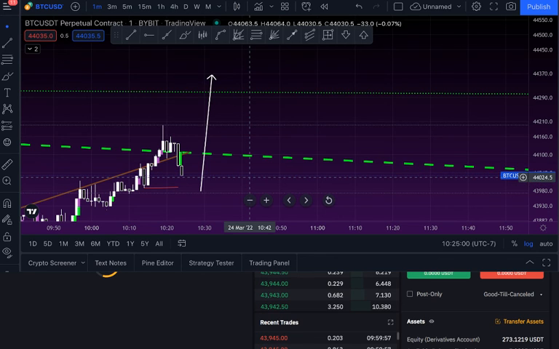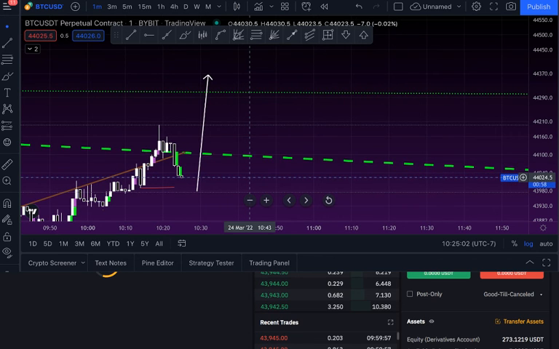Not a lot of volume coming in on the short side. A lot of trapped longs at the top though. We're only at 3%, $8.